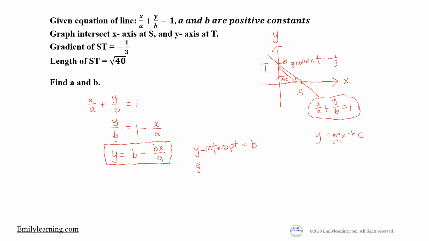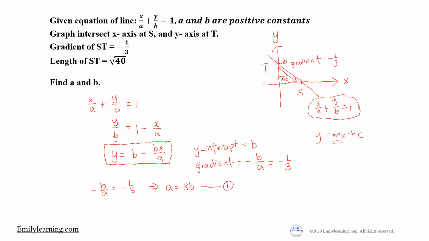And I know the gradient is equals to negative b over a. And the gradient I'm told is equals to negative 1/3. So I can form one equation first. Negative b over a is equals to negative 1/3. In other words, a is equals to 3b. And I will label this equation 1.